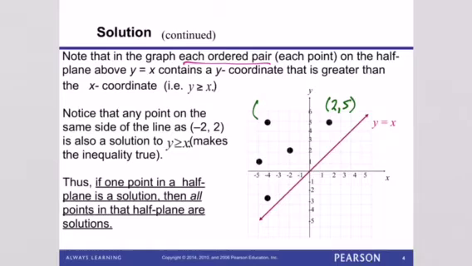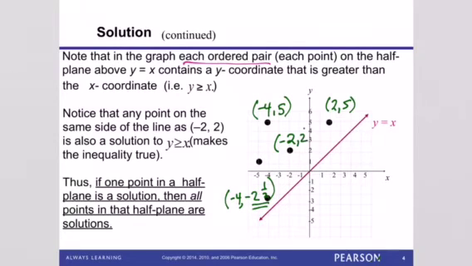This point right here is (-4, 5). The y coordinate is bigger. This point right here is (-4, maybe -2.5). And the y value is bigger, right? -2.5 is bigger than -4. So all of these points on this side of our equation are fitting in the inequality.